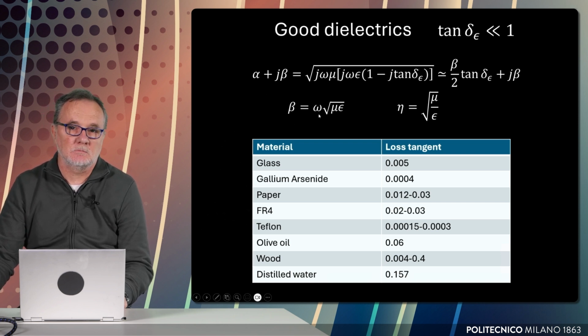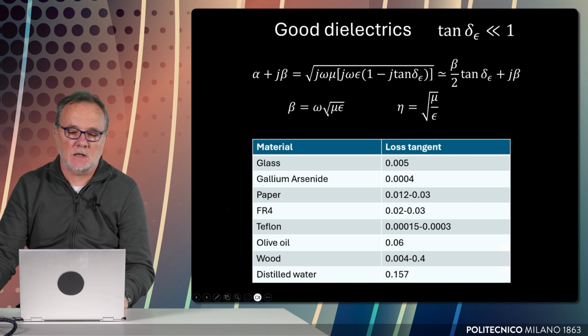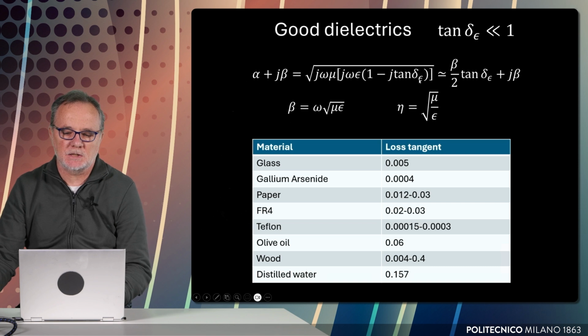At the same time, the good dielectric case allows us to use a real number for the wave impedance. So we can neglect the presence of the loss tangent in the expression for epsilon in the eta parameter in the wave impedance. Materials have, in general, very different loss tangents. According to this classification, the table that you see here represents some materials.